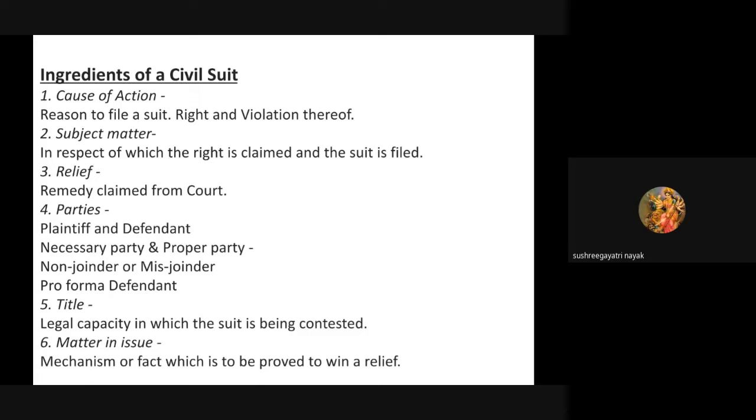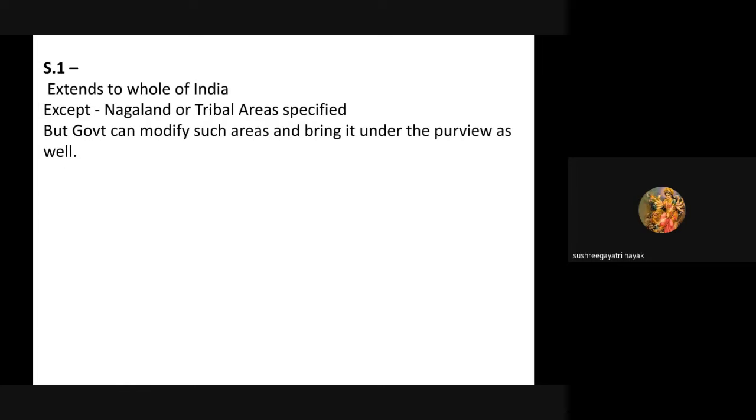If I am contesting as a wife, then I have to prove how I am married to X. In that case, the matter in issue would be the fact that I have to prove that I am the wife of X. So all these six elements that we discussed are very important elements without which the civil suit cannot be sustained.